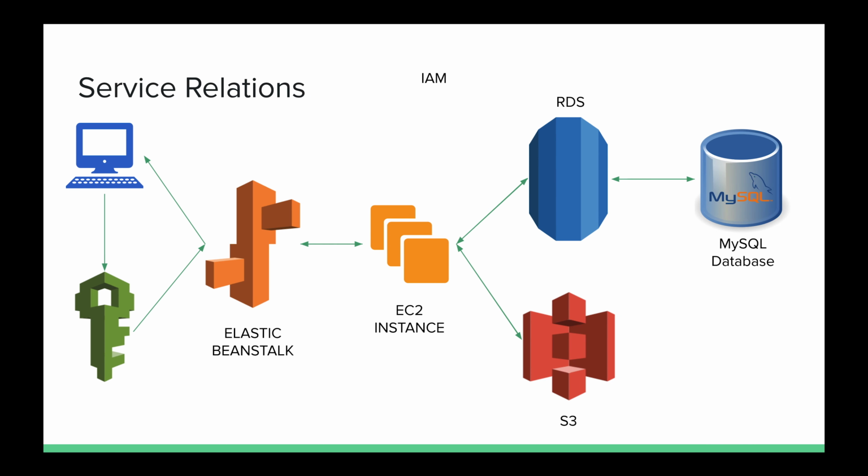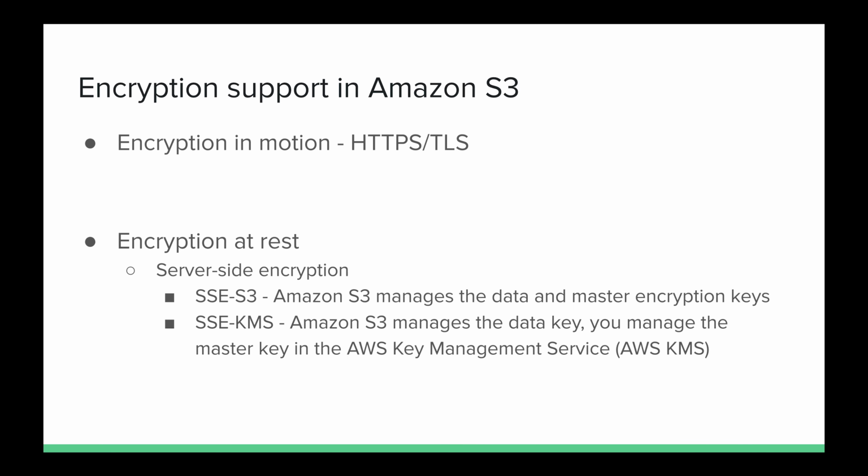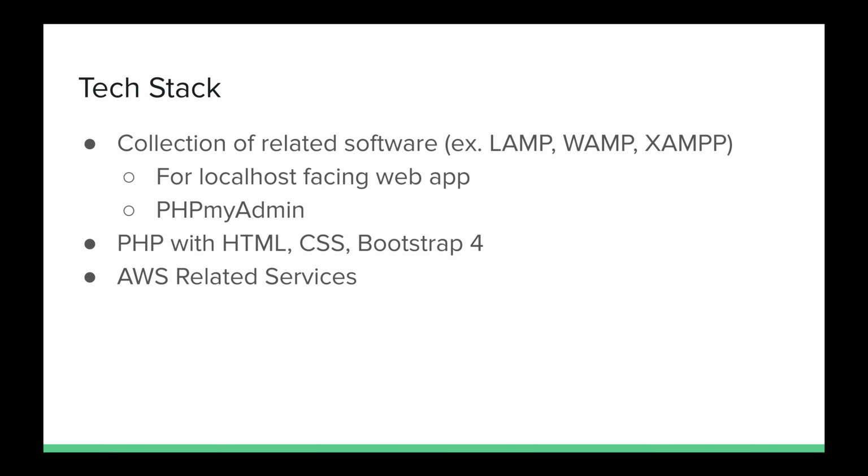We tried to use the encryption support that S3 has, but it's a little bit tough to manage, considering we have to pull out objects from the bucket and put it back, and it requires encryption, and at this moment it's just kind of taxing for us to do.